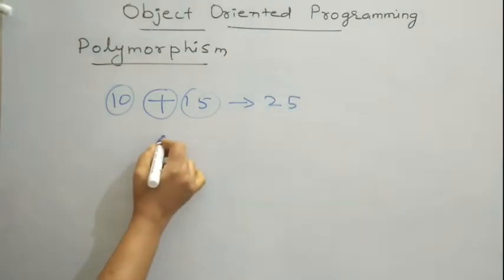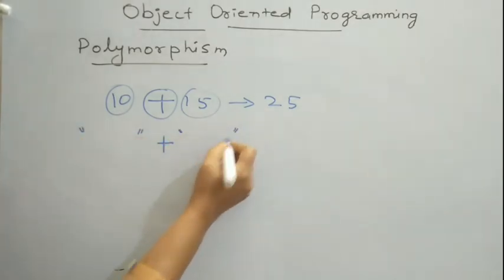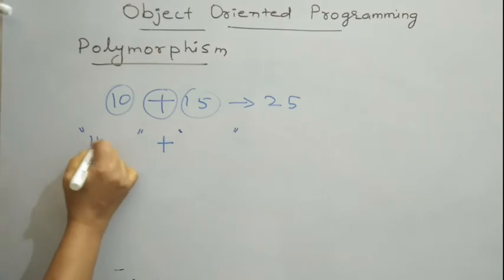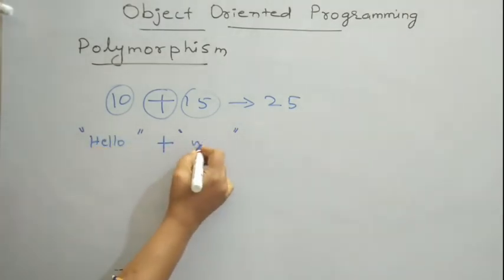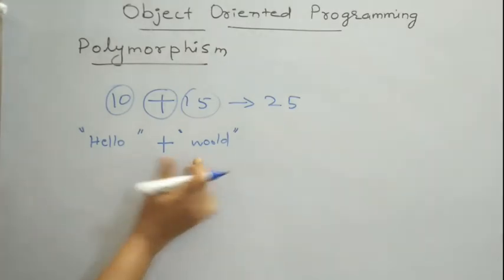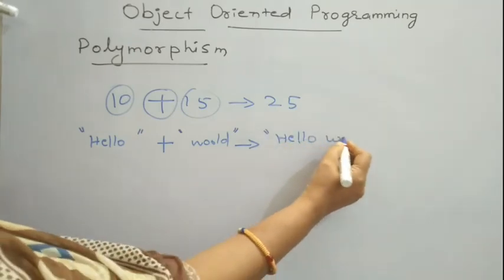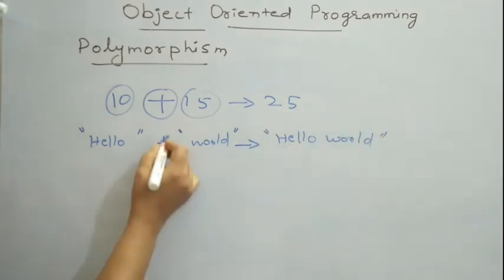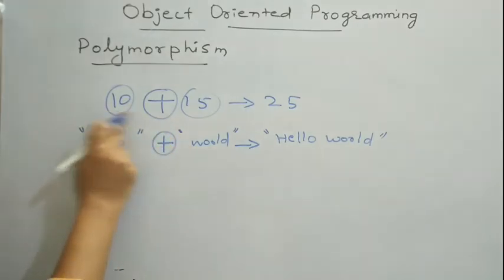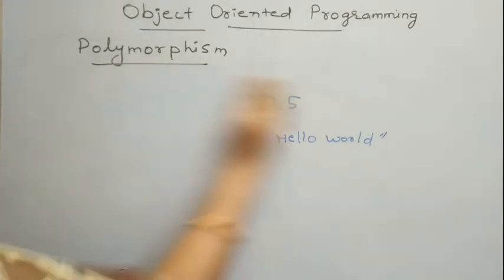If I perform the same addition with two string values, for example hello and world, instead of adding, it combines both strings together. The output will be hello world. The same addition operation behaves differently when it takes different operands. That type of behavior is called polymorphism.